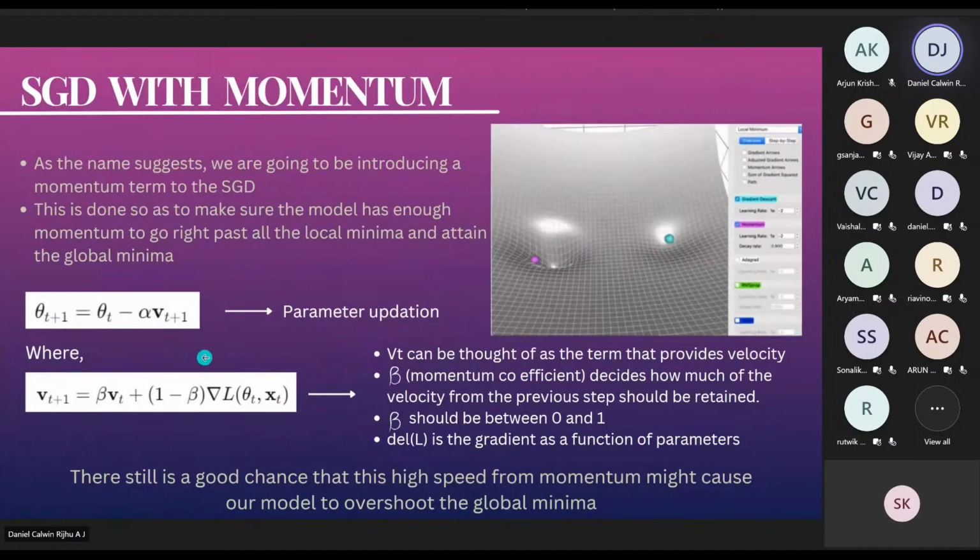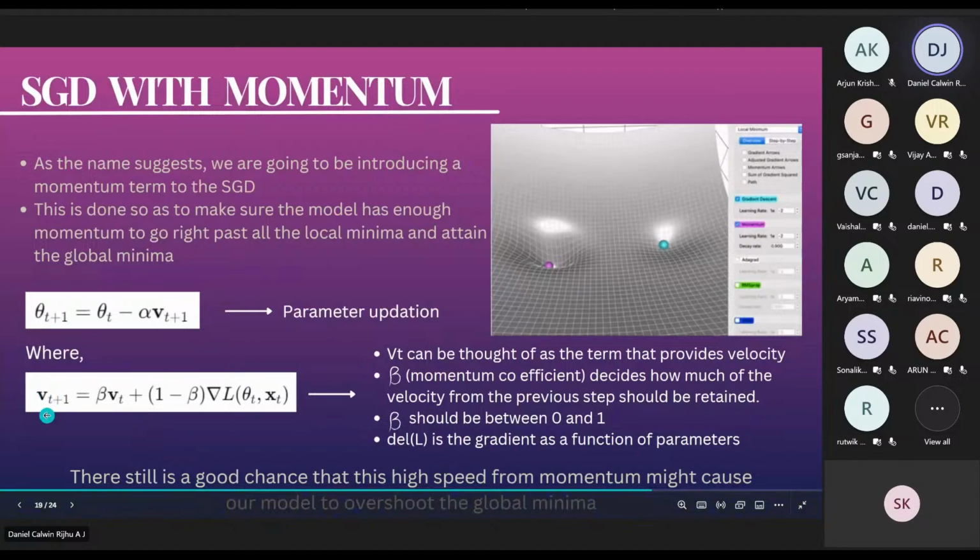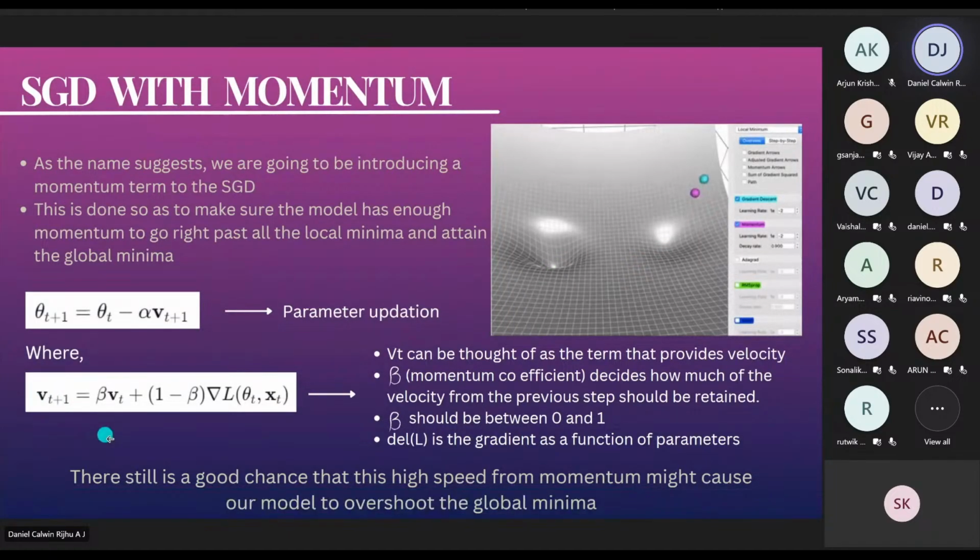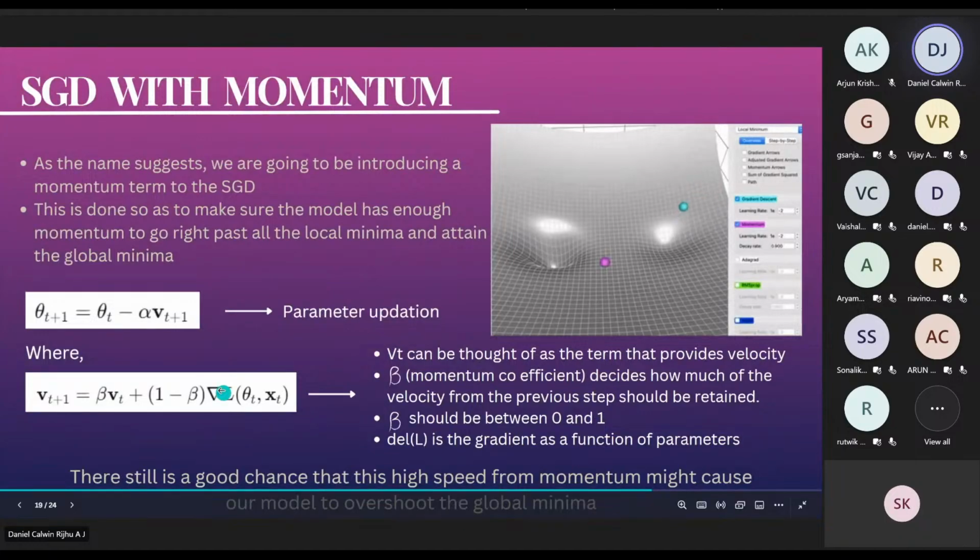But yeah, we have another formula to define vt plus 1. So vt plus 1 is going to be beta times vt plus 1 minus beta times the gradient. So what exactly does it mean?